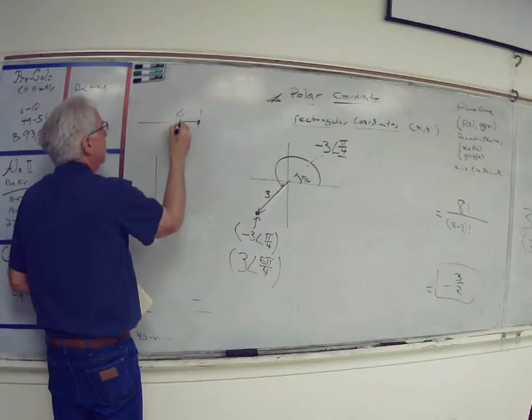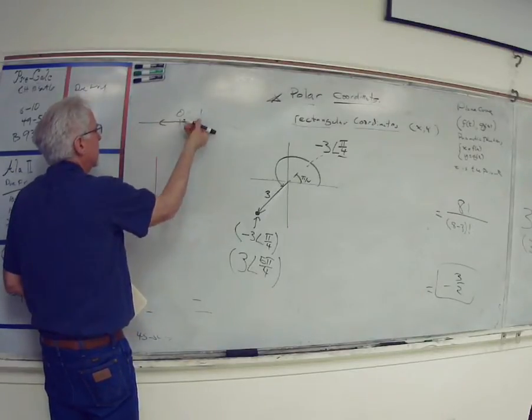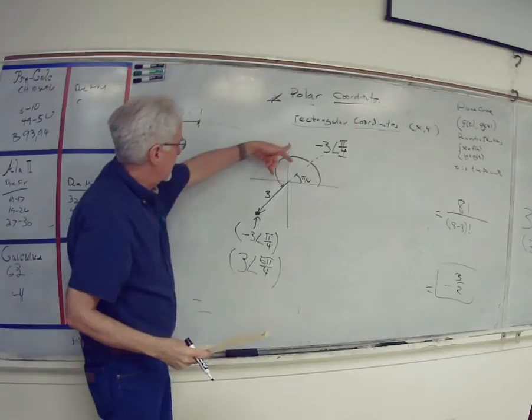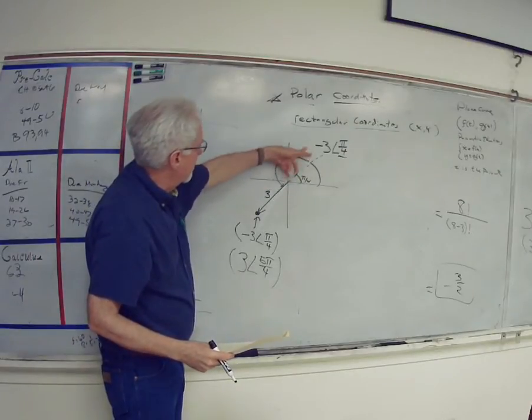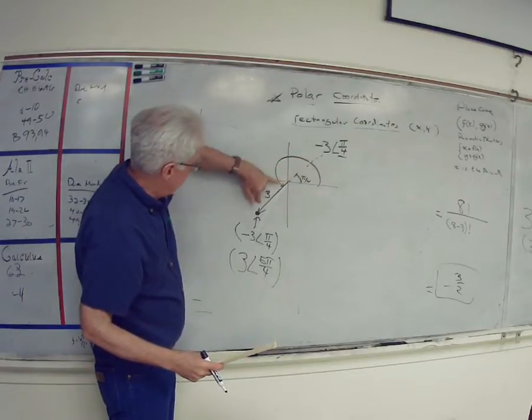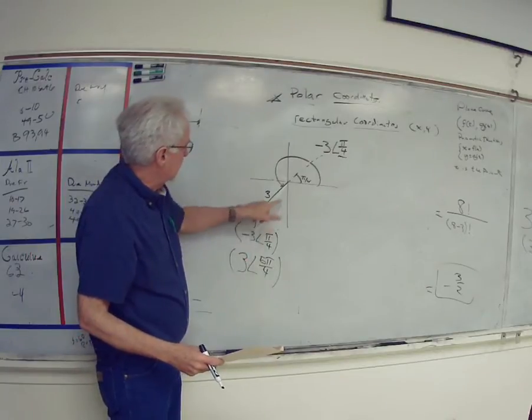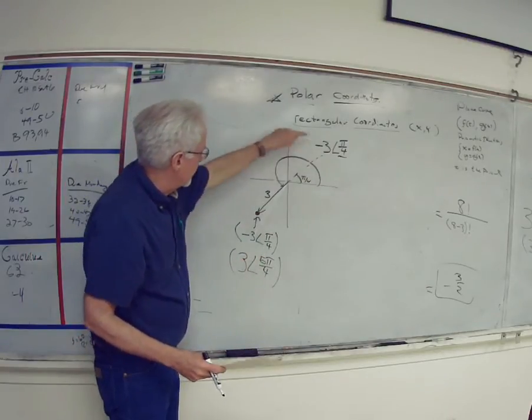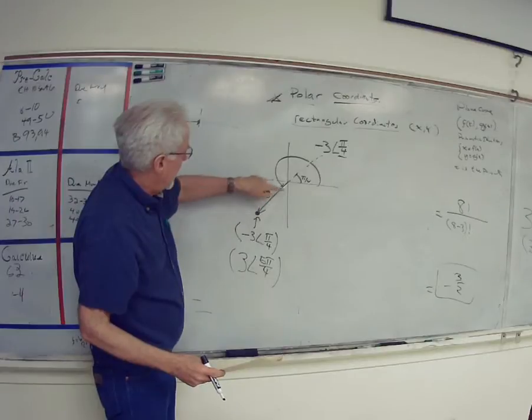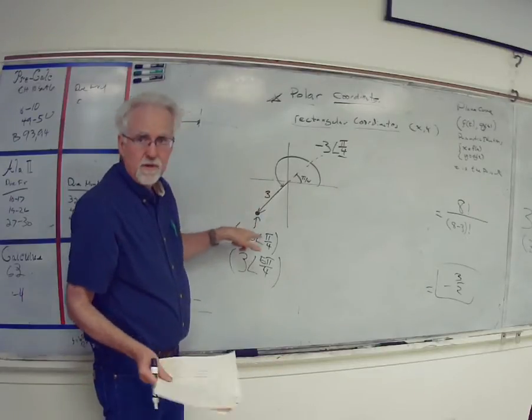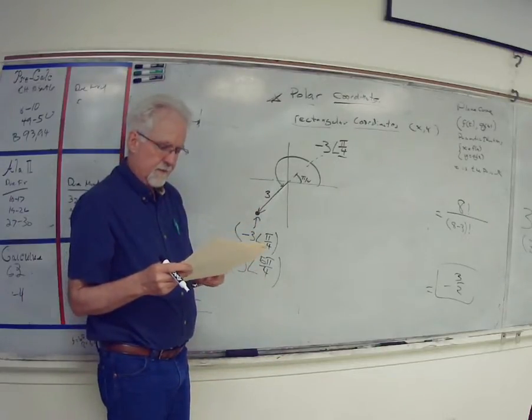But negative 1 means what? The opposite way. Flipped over. So you see here, this is pi over 4. The negative 3 puts it here. So minus 3 at pi over 4 is the same as 3 at pi plus pi over 4, which is 5 pi over 4. Does that make sense? Yes.